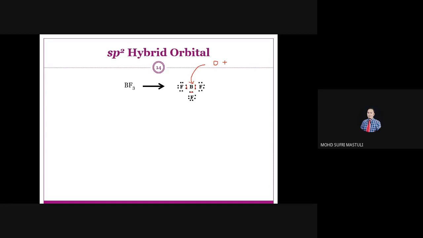So 0 plus 3 is 3. With an electron domain of 3, the geometry is trigonal planar, and the hybridization is sp2.